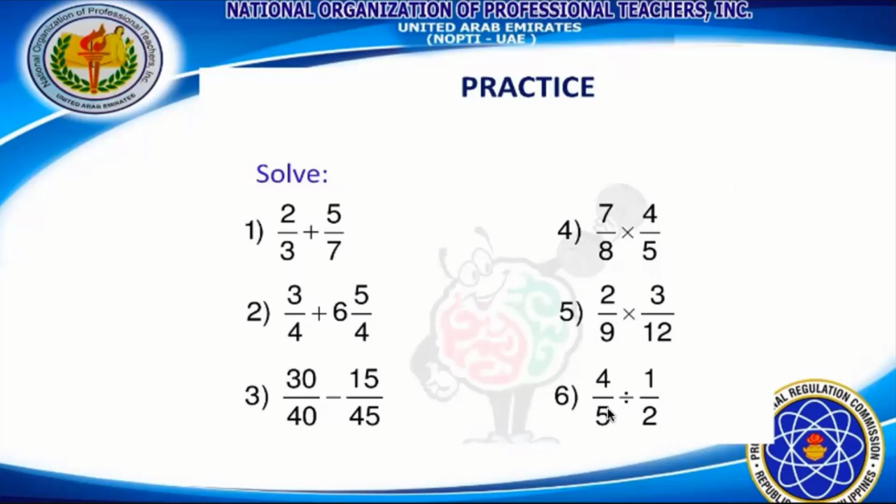Tama? Tapos, sa division naman, anong gagawin? Get the reciprocal of the divisor, then proceed to multiplication. Halimbawa, ito, 4/5 divided by 1/2, babaliktarin mo yung 1/2, magiging 2 over 1. Then, proceed to multiplication. Or, pwede ka rin katawag na cross multiplication. Cross mo lang siya to get the answer. Okay? Number 1, answer, ayun pala. Number 2, what's the answer?